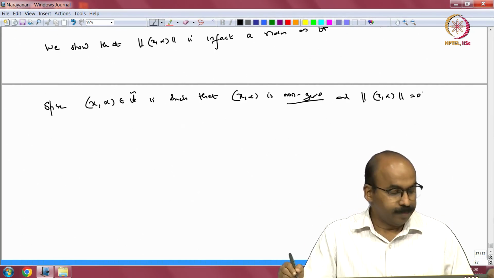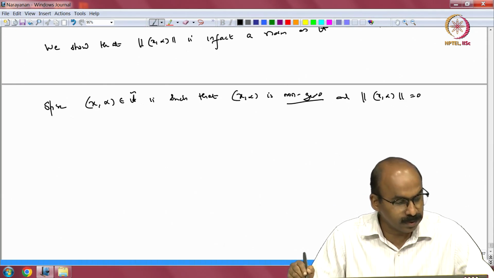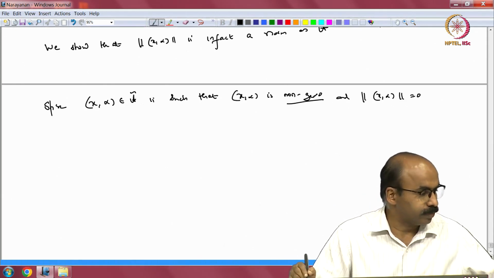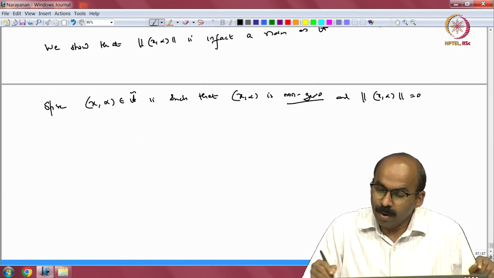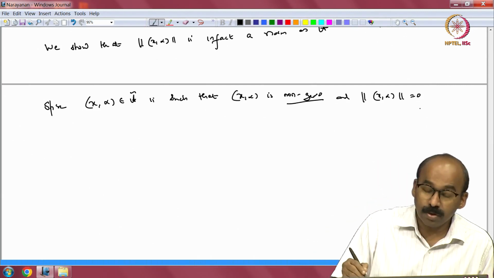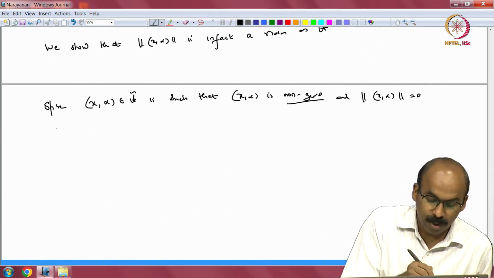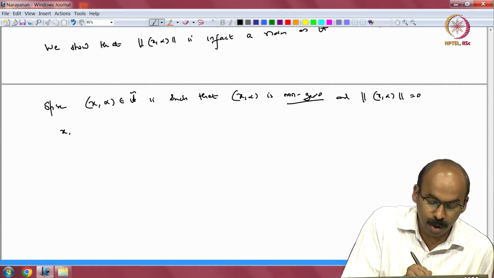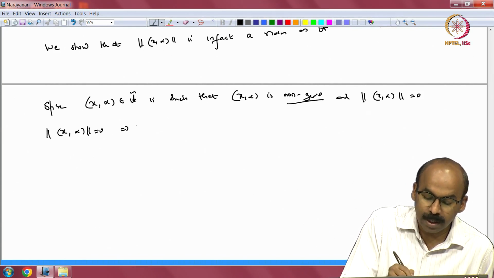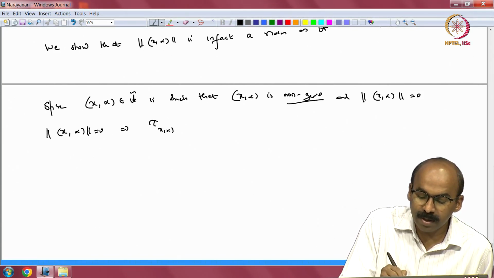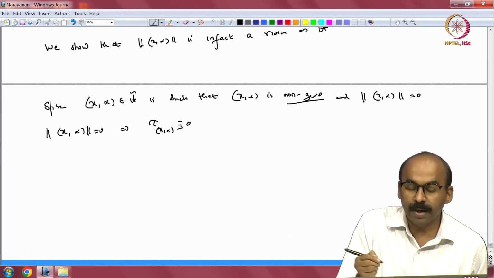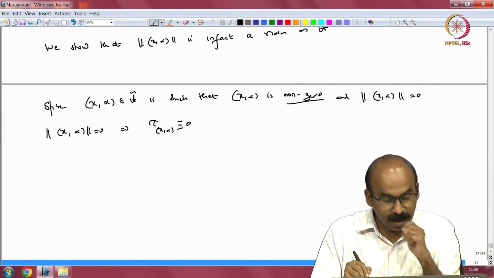Okay. So, let us try to prove this. So, what does it mean to say that x alpha is 0? So, remember x alpha is acting as an operator on A, right. So, norm of x alpha equal to 0 implies the operator tau x alpha is 0, right. So, how does the operator x alpha act?